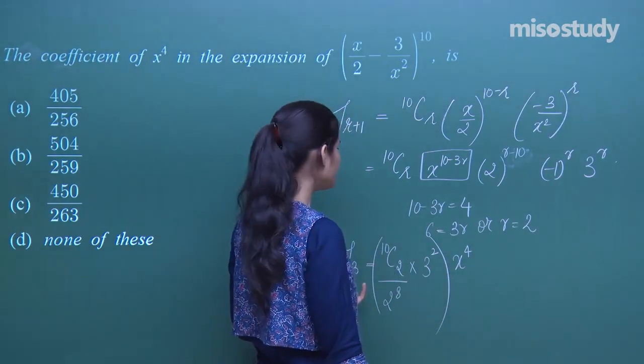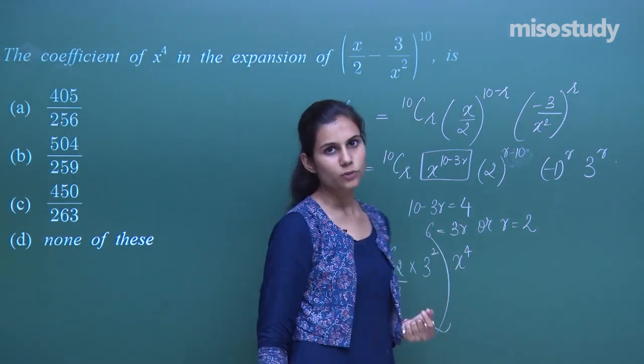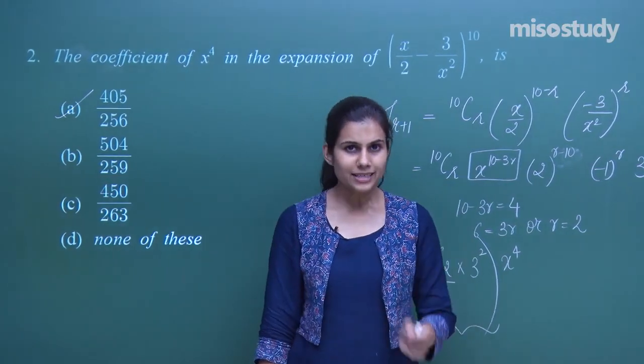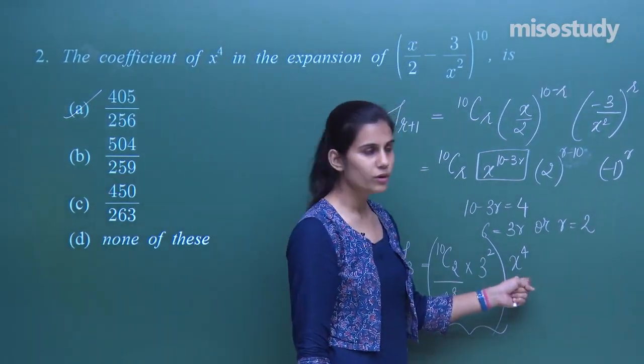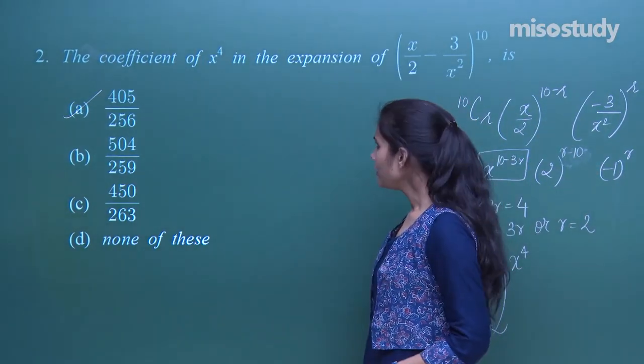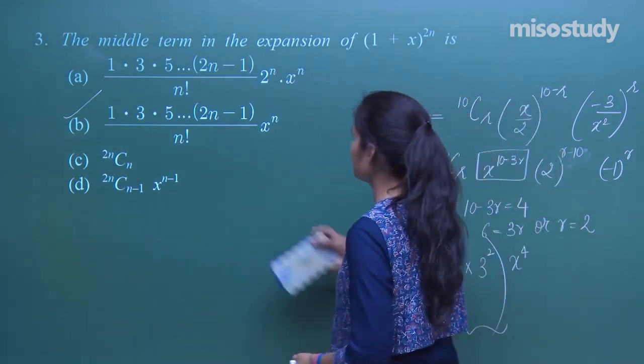So what is the coefficient of x to the power 4? When you evaluate, it comes out to be 405 by 256. That is the coefficient of x to the power 4 in this binomial expansion. Clear?